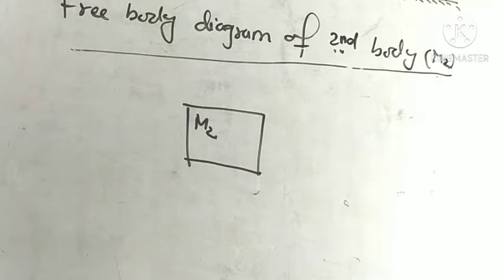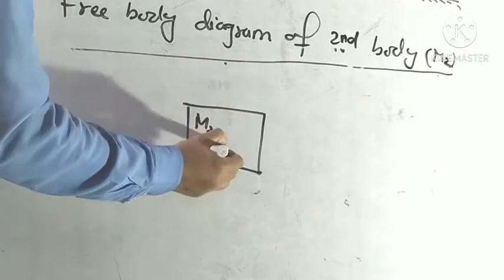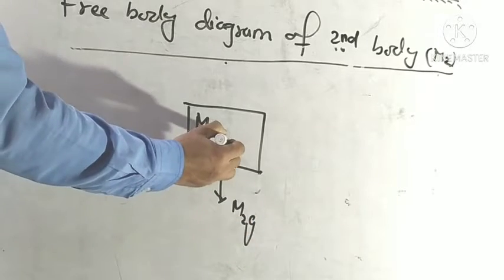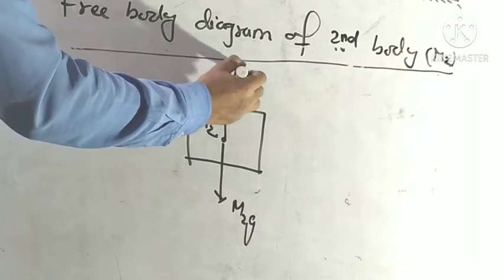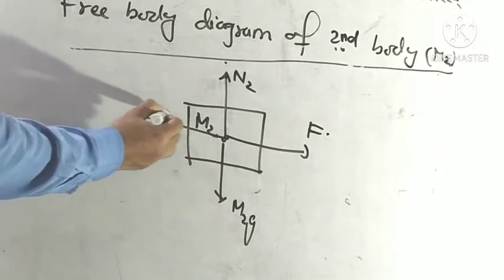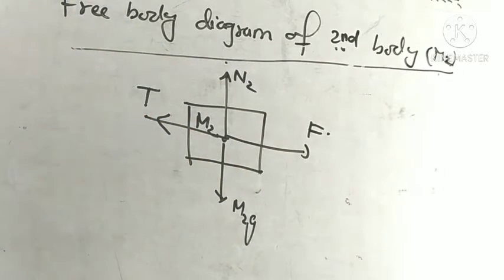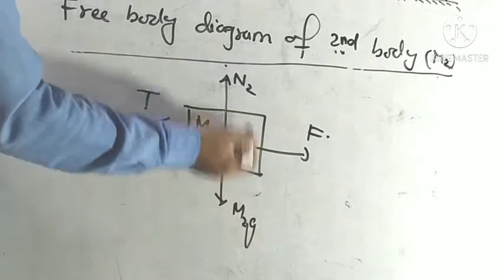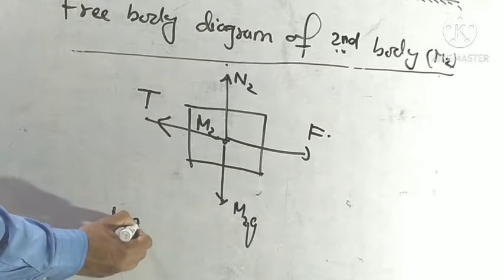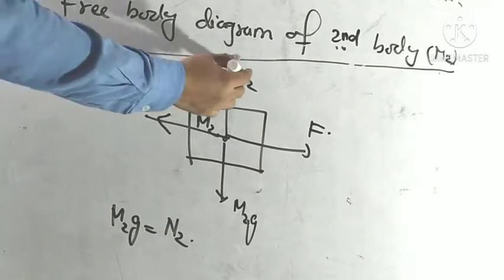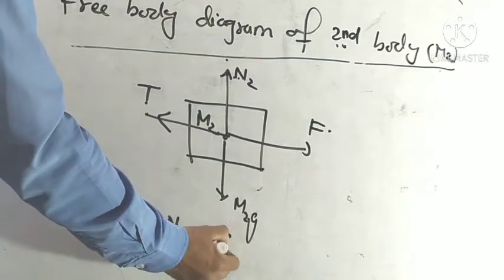There are four forces working on this body: weight of the body working downward, m2g; normal force working vertically upward, n2; the applied force F; and here tension T in the string. These two forces balance each other, I mean m2g is equal to n2, the normal force. We give it equation number 3.